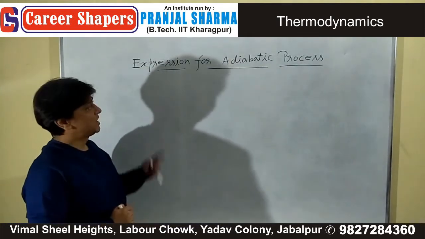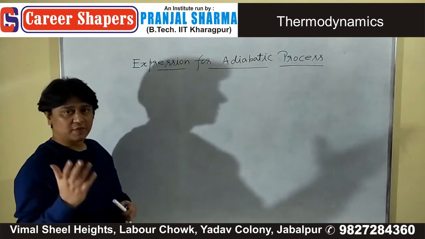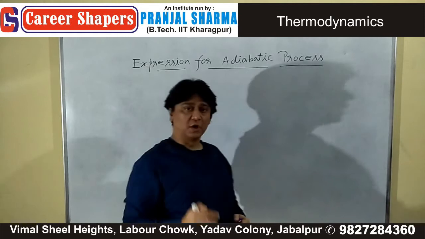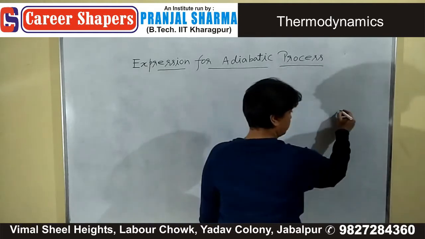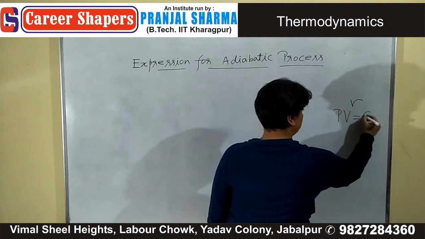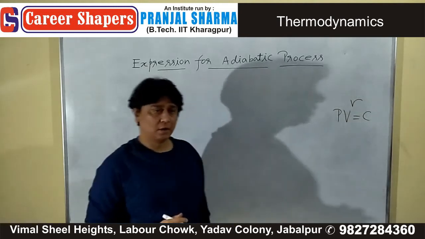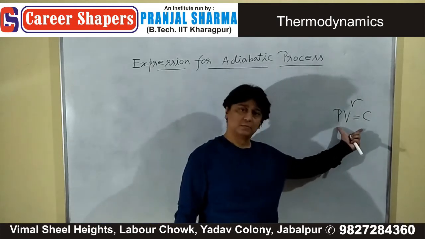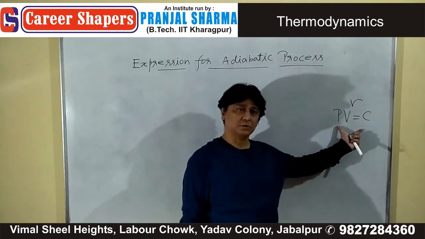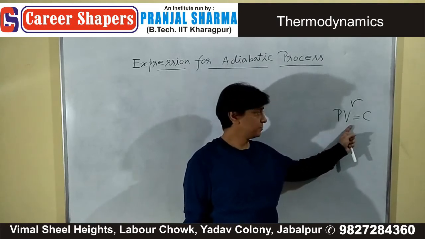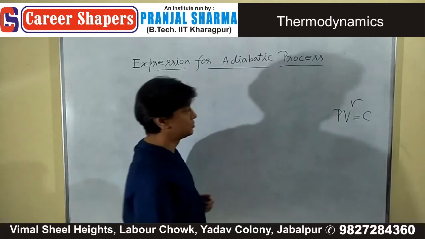Let's see the expression for an adiabatic process. Although while dealing with work, I told you that for an adiabatic process, we use PV^gamma as constant. Our aim is to establish this relation between pressure and volume for an adiabatic process.